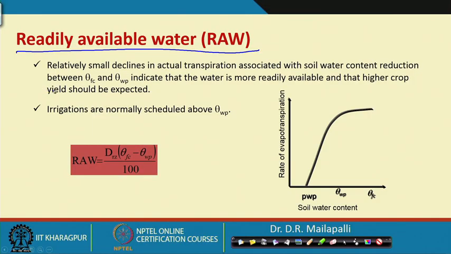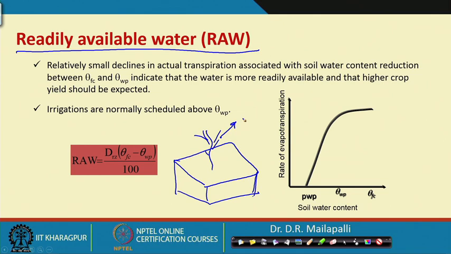So, what happens? Suppose the field has the moisture at field capacity, and there is a plant which started extracting water from the reservoir through evapotranspiration. We are going to talk about this more in the following lectures. So, this is crop evapotranspiration.